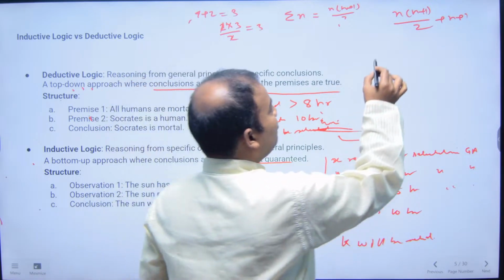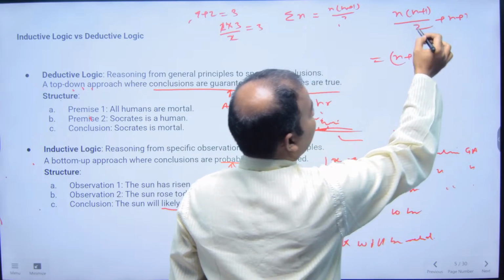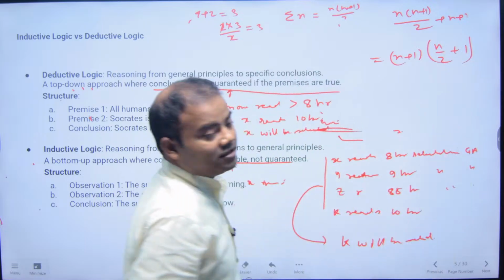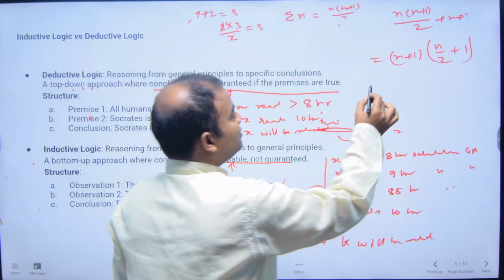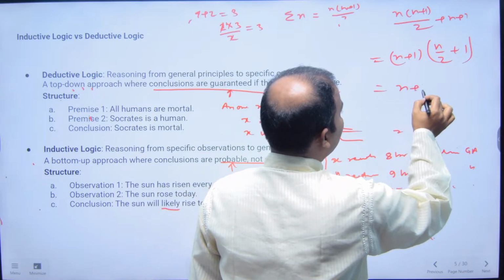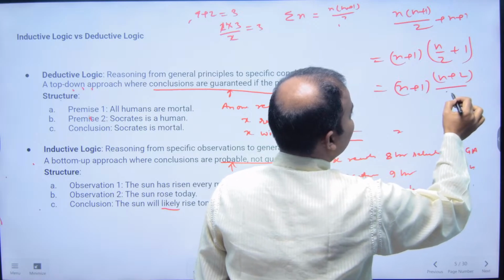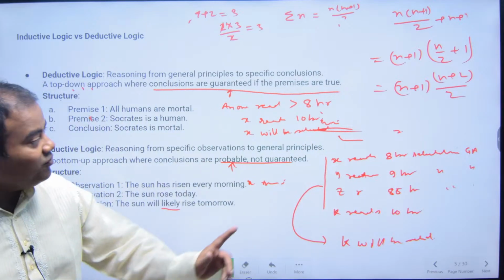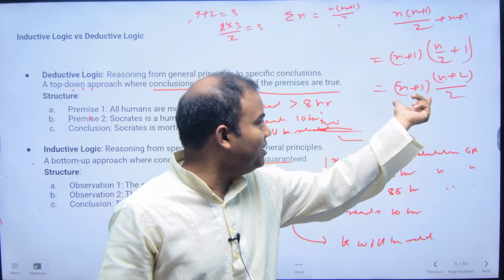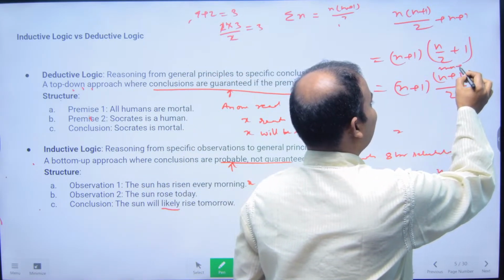So this will become how much? n plus 1, here it is n by 2 plus 1. Is it okay? Is it clear? Now n plus 1 into n plus 2 divided by 2. So this is what? Now n is n plus 1, so you can write this like n plus 1 plus 1.